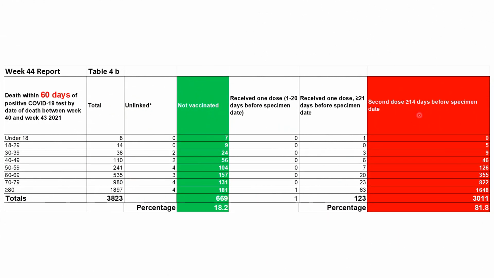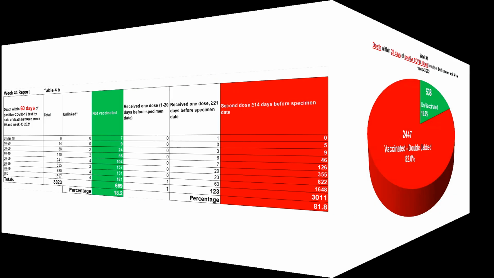And this is table 4B, and this is for the deaths within 60 days following a positive test. Again, we've got very similar figures. This time we've got 18.2% and 81.8%, so virtually the same levels.